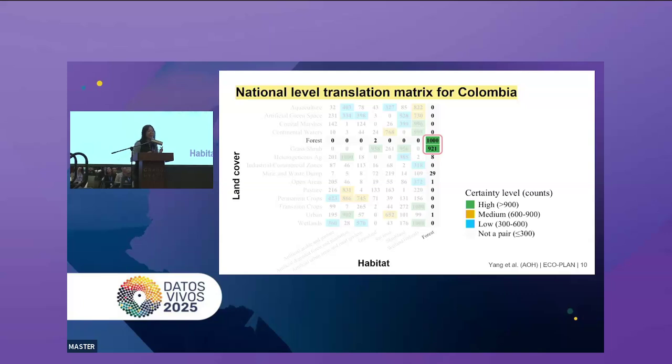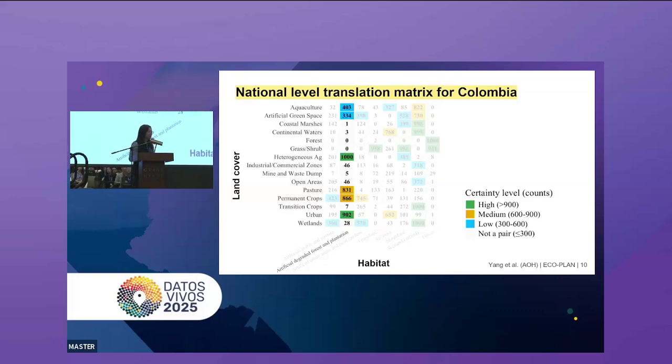For example, some habitats such as forest have strong and consistently significant pairs throughout all iterations. Other land covers, such as artificial degraded forest and plantation, have not only strong pairs, but also those with medium and low certainty level.